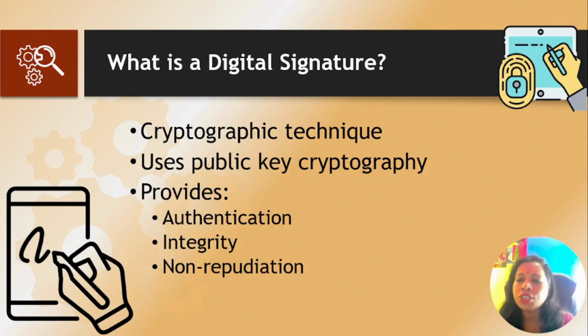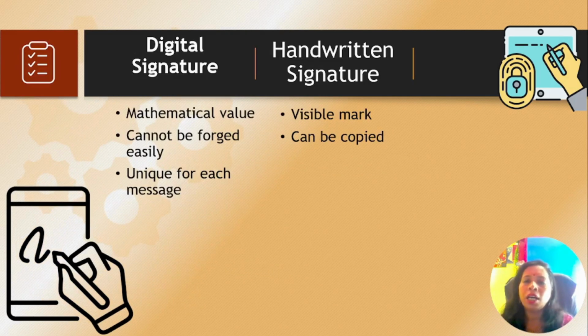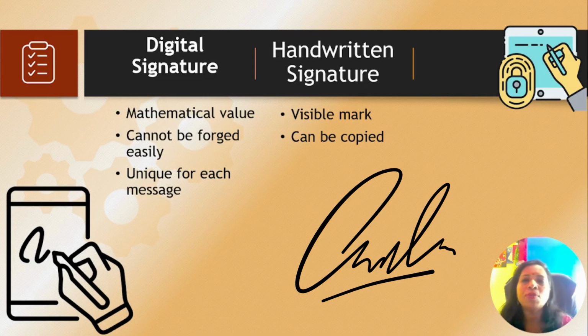Authentication confirms the identity of the sender. Integrity ensures the message is not altered during transmission, and non-repudiation ensures the sender cannot deny the message after sending it.